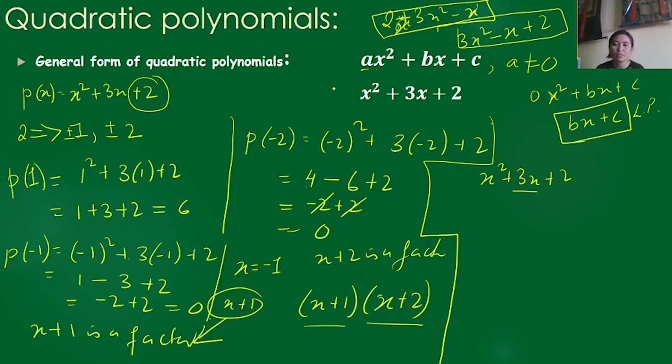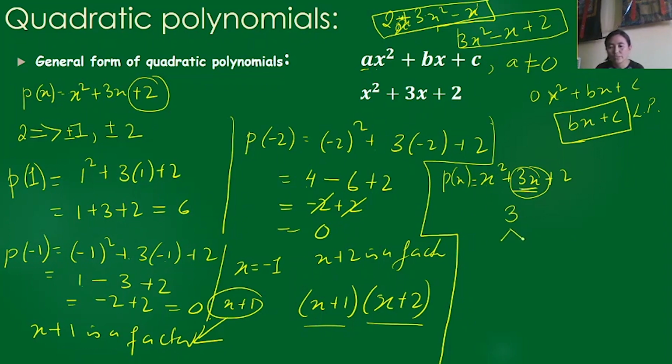Now let's go back to our problem. Here p of x equals x square plus 3x plus 2, which is already arranged in the descending order of its powers, and 3x is the middle term. We have three terms here, so the middle one is 3x. To use the splitting the middle term method, we need to split this middle term, 3x.